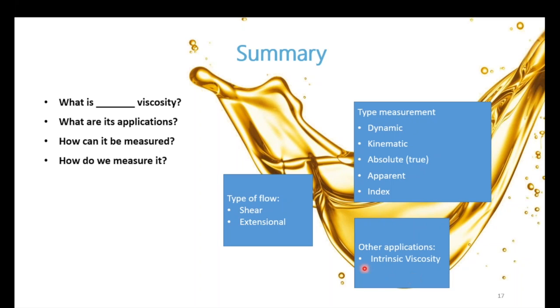And then finally, intrinsic viscosity for molecular weight and molecular size characterization. So I hope I have answered all the questions regarding what each of these types of viscosity are, what their key applications are, how they can be measured, and how we actually measure them here at RheoSense.